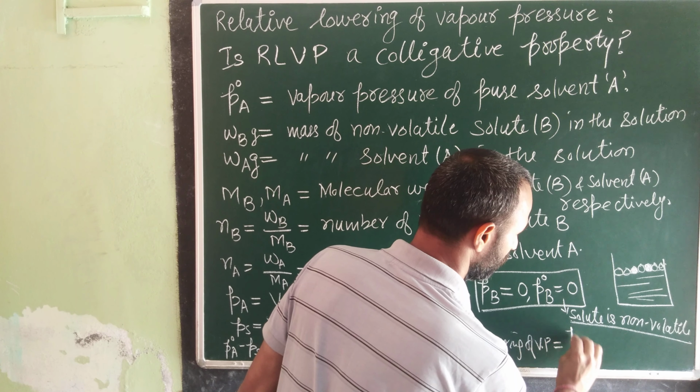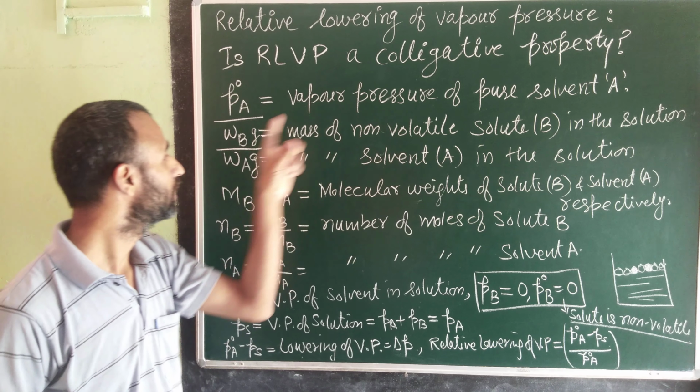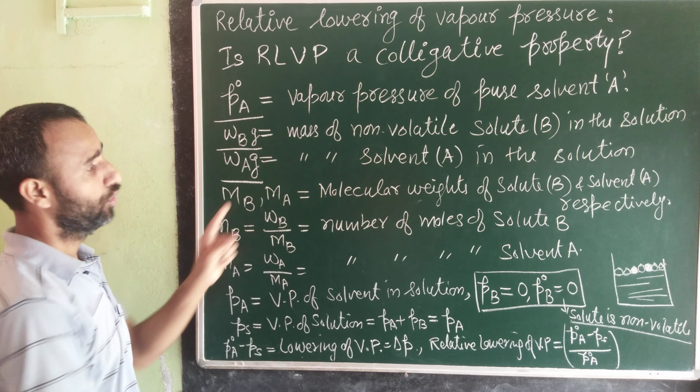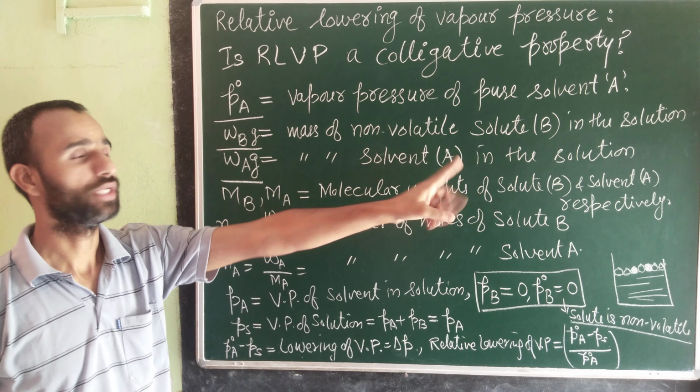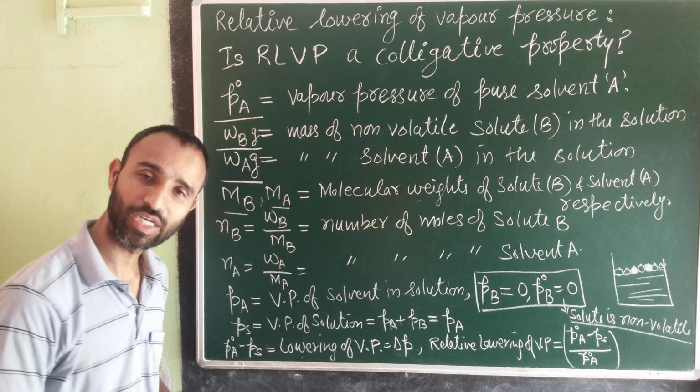P naught A, vapor pressure of pure solvent, WB gram, mass of non-volatile solute in the solution, WA gram, mass of solvent A in the solution, MB and MA, molecular masses of B and A, then number of moles WB by MB, number of moles of A, WA over MA, PA, vapor pressure of solvent in the solution, and PS is vapor pressure of solution, and vapor pressure of solution is equal to vapor pressure of solvent in the solution.